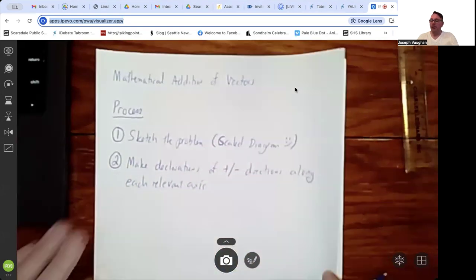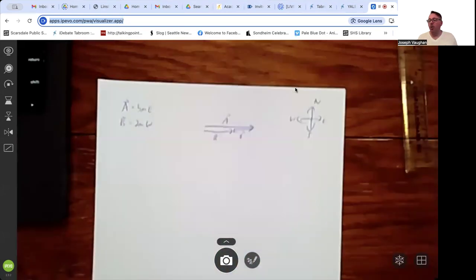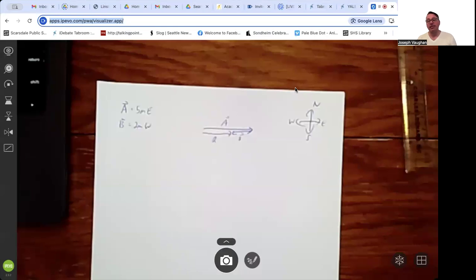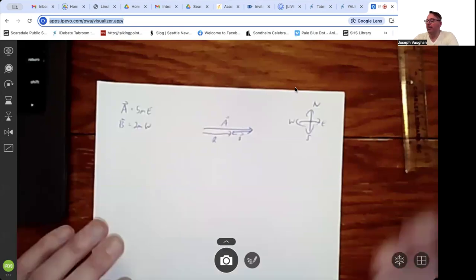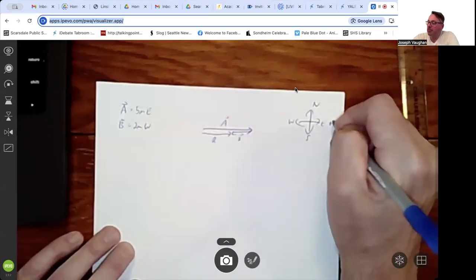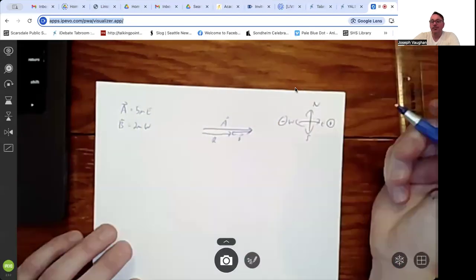In our present problem, we have one relevant axis. It is the east-west axis. We don't care about the north-south axis because we have no quantities that lie along it. But east and west are not mathematically relatable terms. You can't add east and west, but we can think of the east-west axis like a number line. And I'm going to make east positive and west negative.